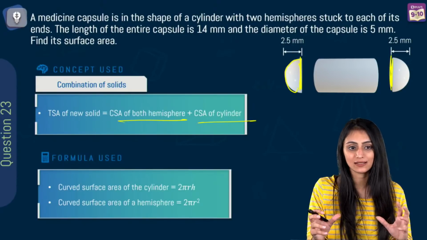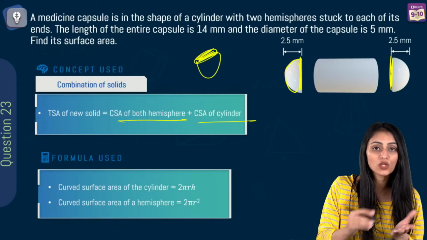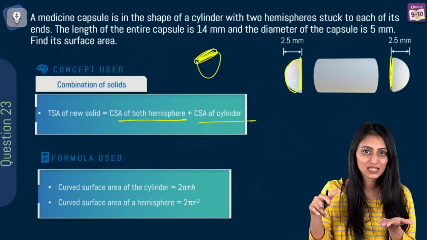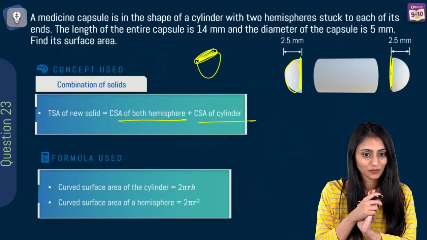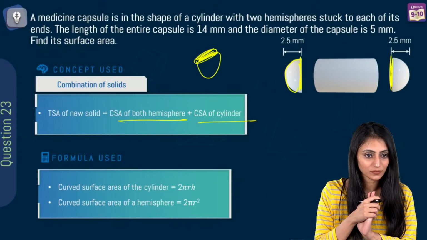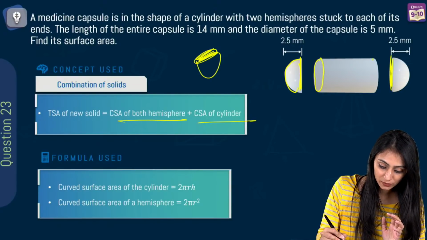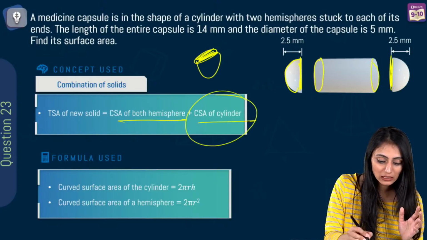When I'm talking about the TSA of a hemisphere, it is closed from the top. But here we are talking about the CSA of the hemisphere, so it's like a bowl. That's the difference. And when talking about the cylinder also, its ends are open. It is not closed from above. That's why we are considering the curved surface area.